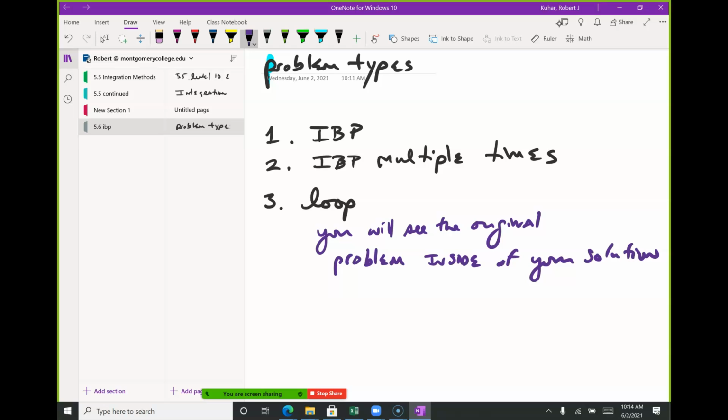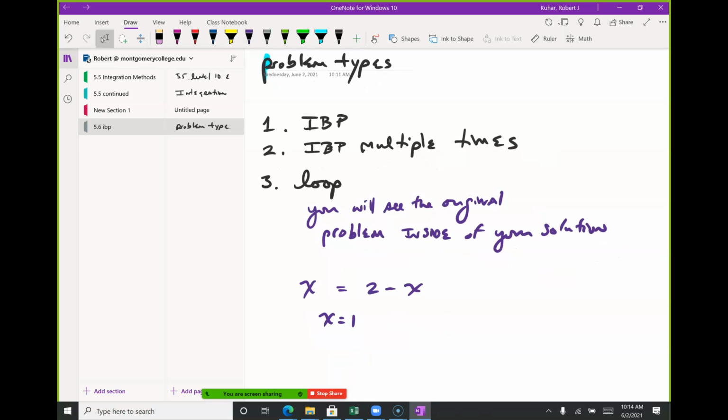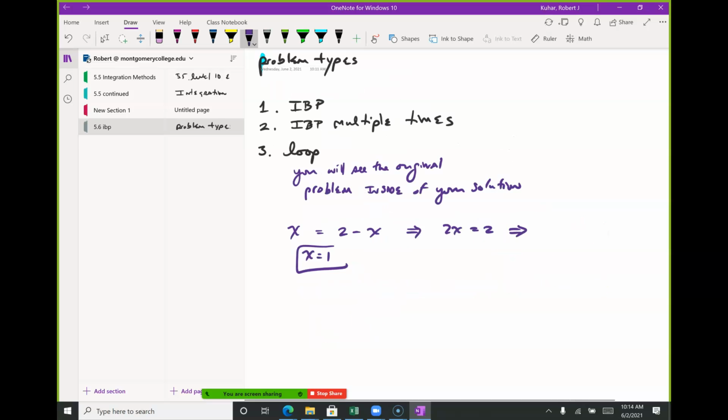In that case, I would see something like x equals a 2 minus x. What do you do in that? You're just solving for x, so it's simple algebra at that point. I move that x to the other side and divide by the coefficient, so 2x equals 2, so x equals 1.